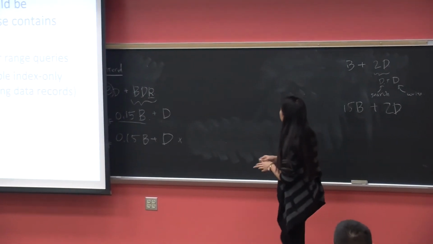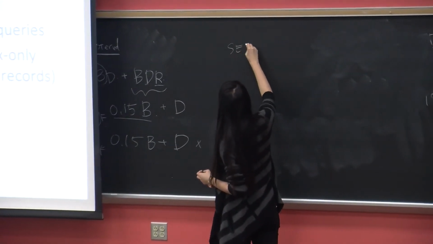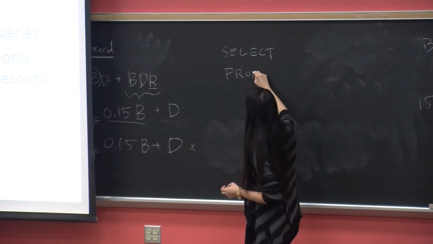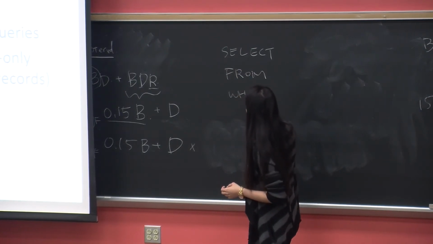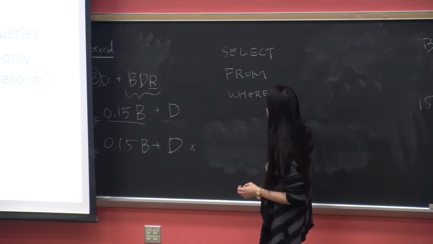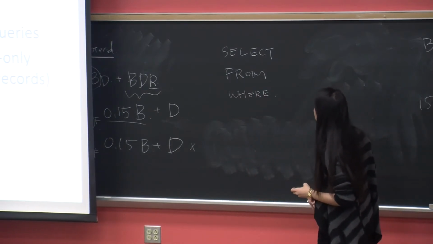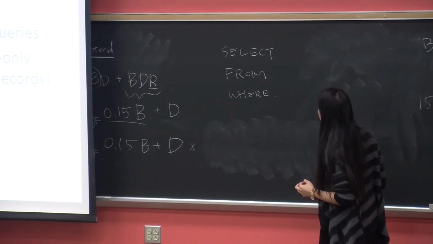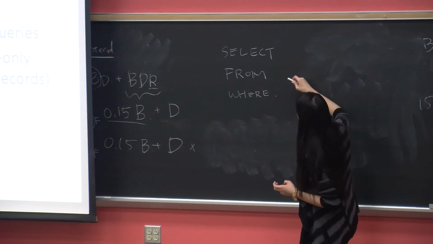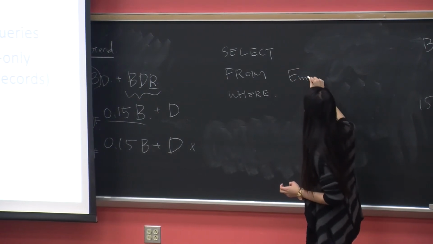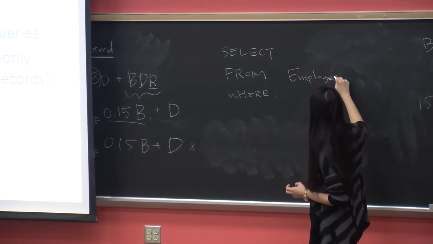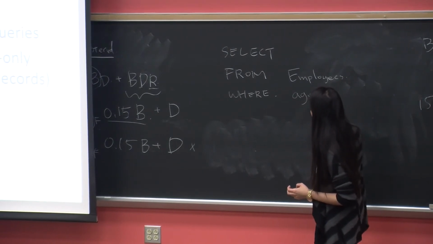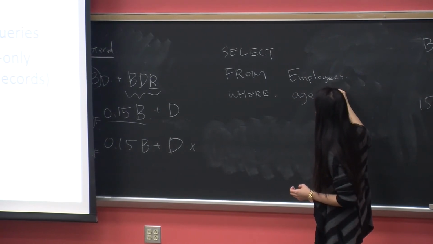Okay, for example, we have a select. Let's say from the employees table we want to find those with age equal to 20.